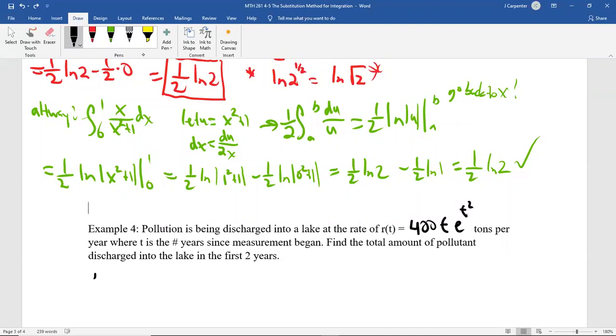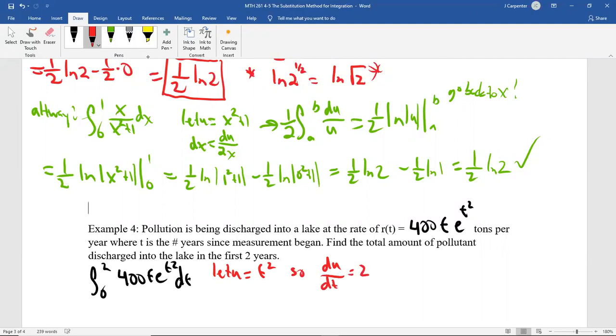So what we have to do is the integral from 0 to 2, first 2 years, of 400 t e to the t squared dt. Well, we're going to need a substitution. We're going to say let u, and we've basically done this already, be t squared. So du dt is 2t, which means du is equal to 2t dt, which means that du over 2t is equal to dt.